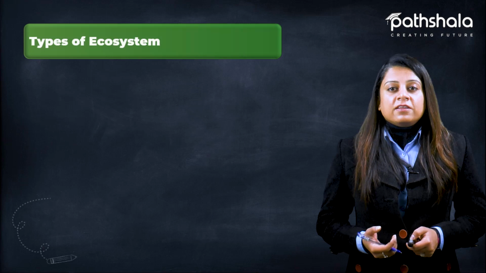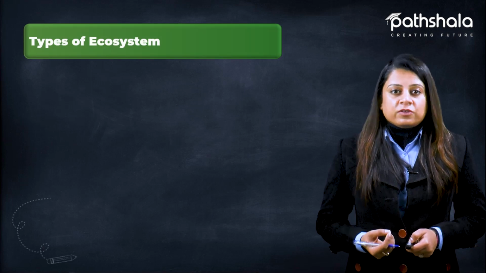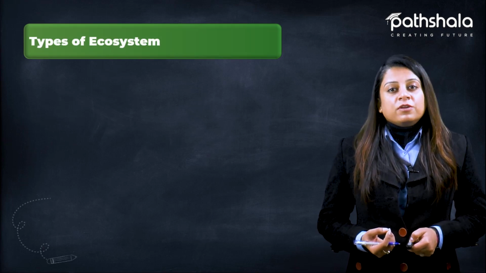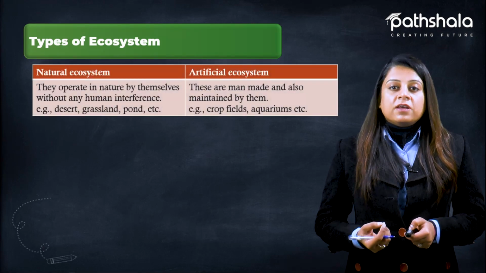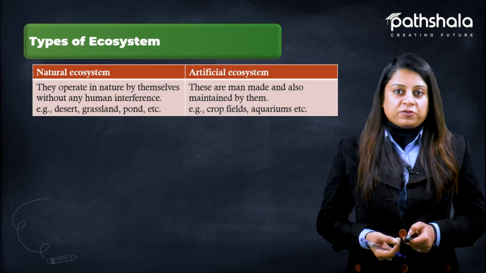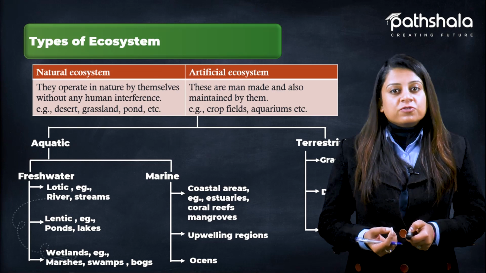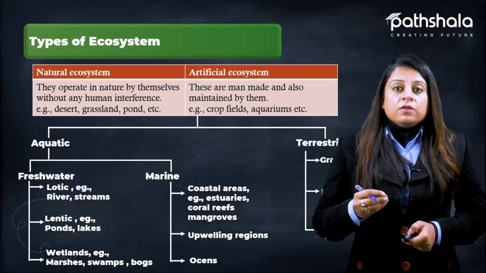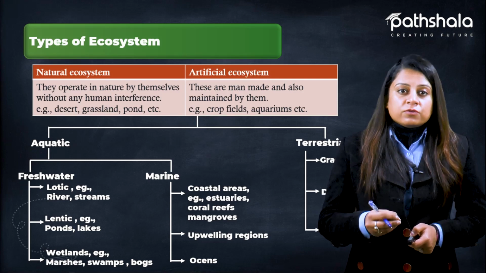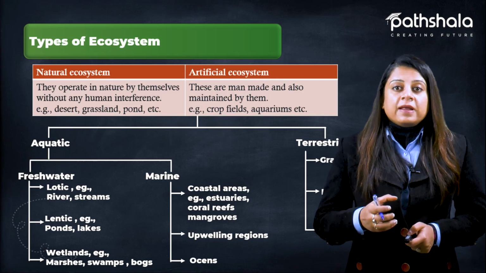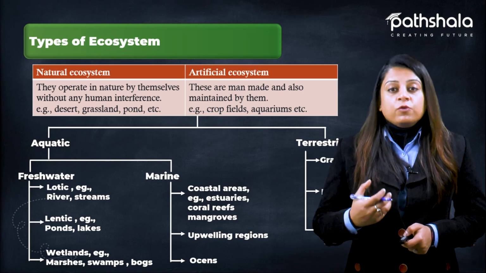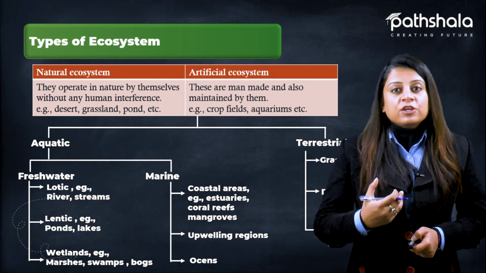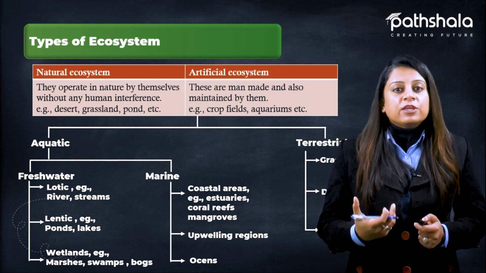Further, let us study the different types of ecosystems. There are two types of ecosystem. First is the natural ecosystem and second is the artificial ecosystem. Natural ecosystems operate in nature by themselves. उसमें human interference नहीं होता है, हमारा कोई भी role नहीं होता है.